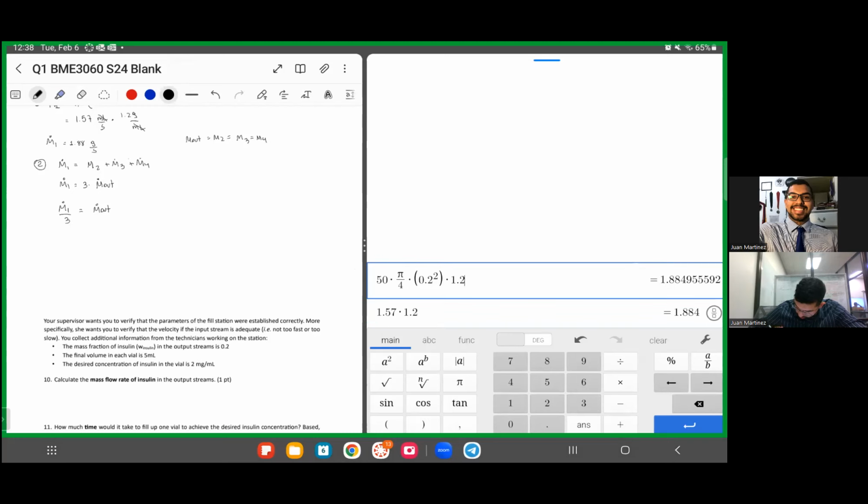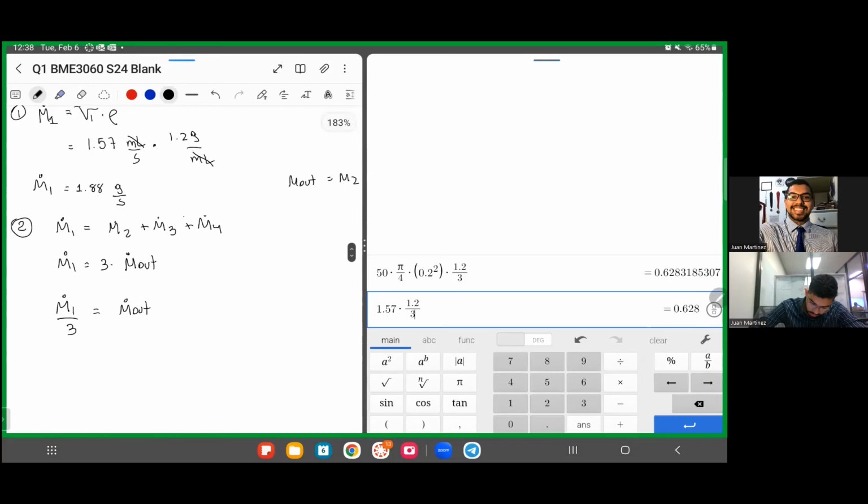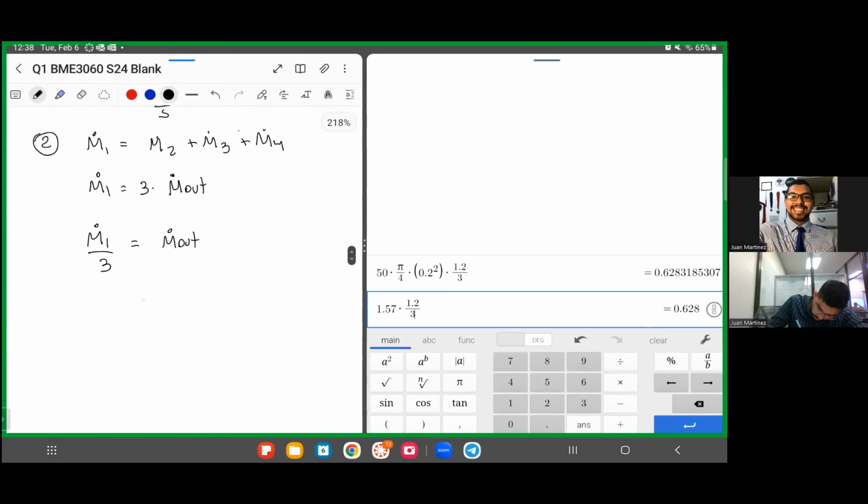Let's divide that by 3. Let's see what we get here. Same thing, I suppose. 0.628, so 0.63. Okay. So we can say that M out is equal to 0.63 grams over second.